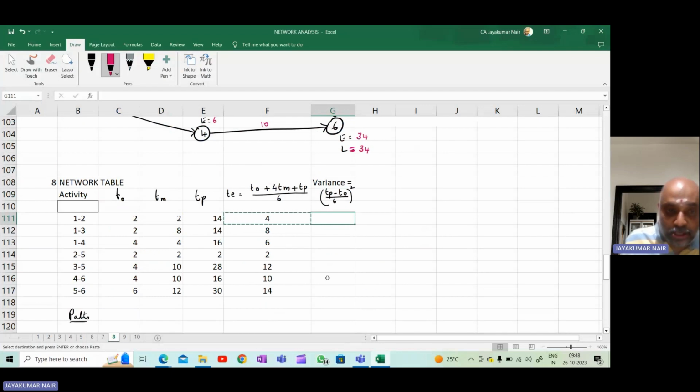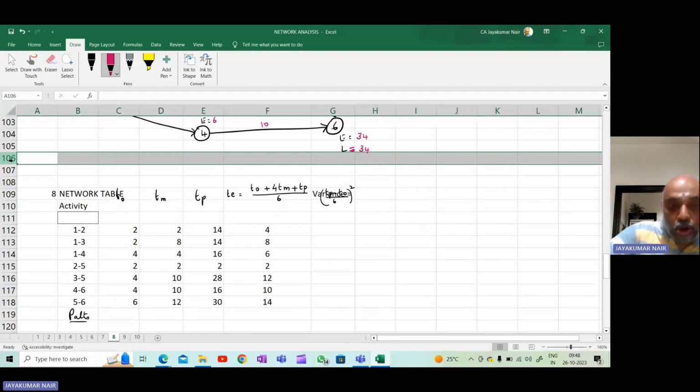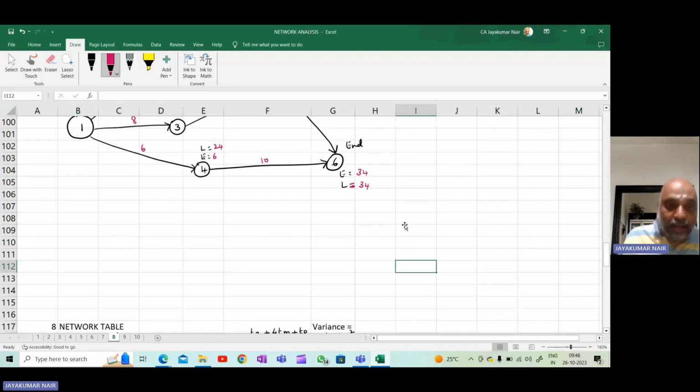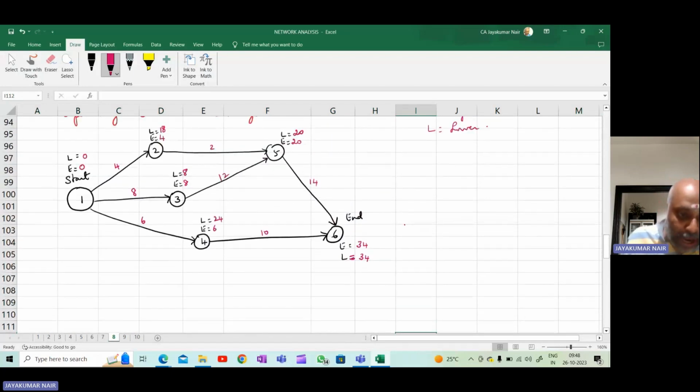To find out the expected duration, I will see what are the various paths on this particular network diagram. So I'll write here, various paths.